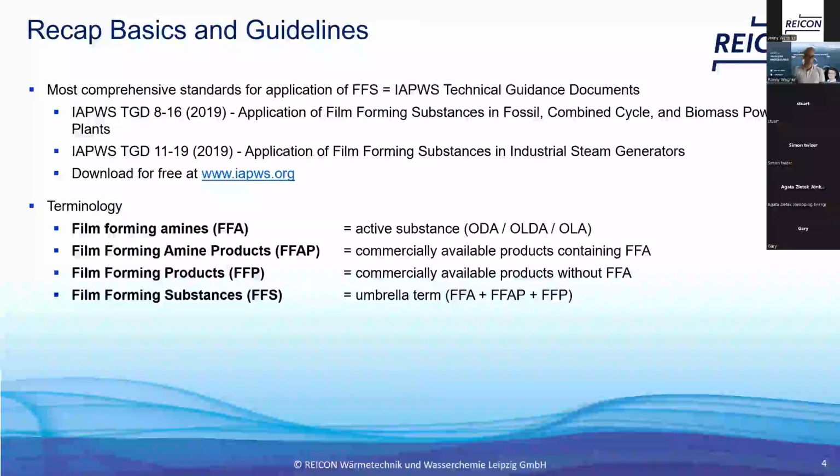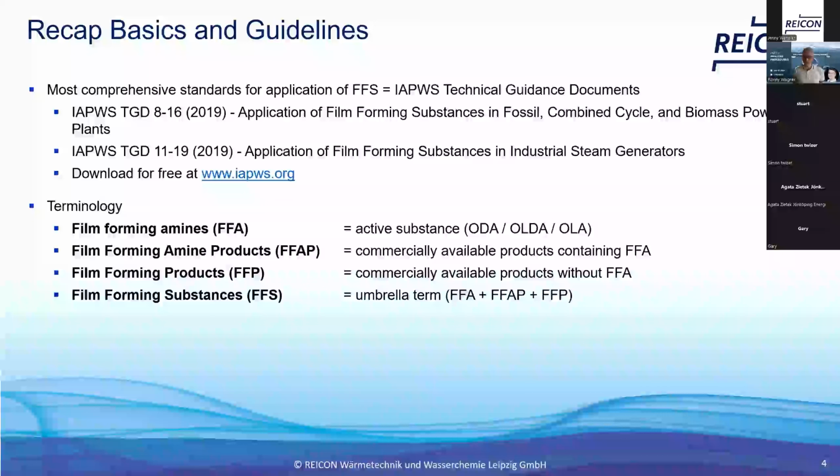And then there is the group of film-forming products, which do not contain any of those FFAs, but also have film-forming effects. And all these three together are called film-forming substances. So this is the generic term for all film-forming products and film-forming amine products.